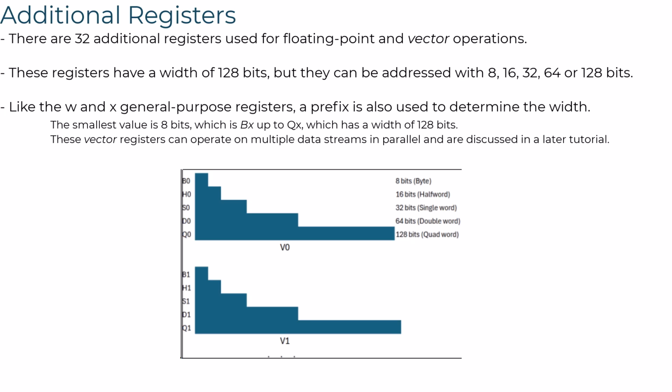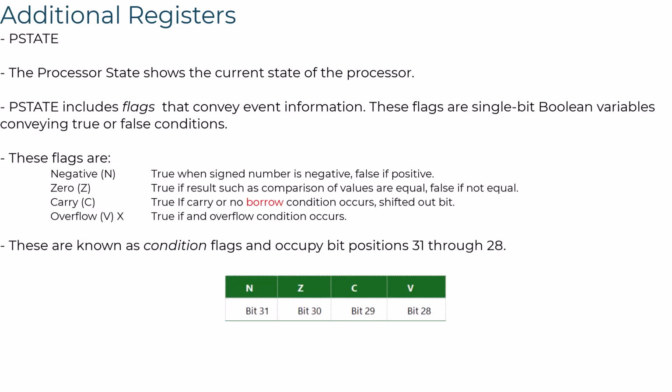There are some additional registers we need to talk about and be aware of. So there is a set of bits collectively known as the processor or P state. This is not actually a status register, as found in ARM32 and other systems, but it does hold values for the condition flags.